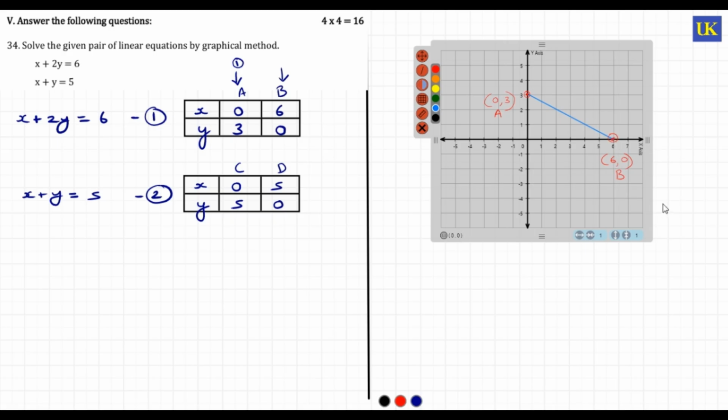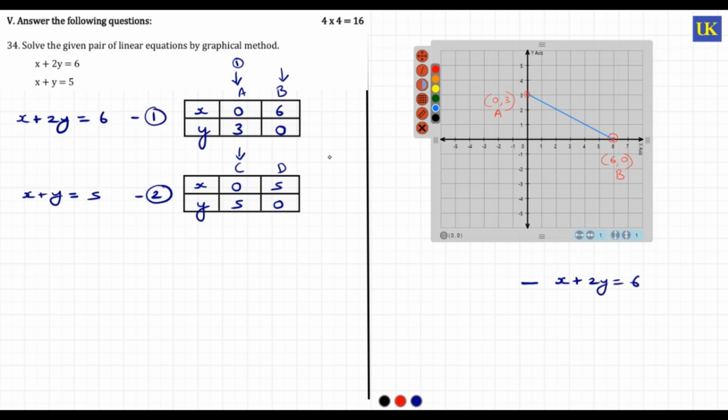Fine. Now we will plot this C point. Equation 1 line is this. Okay, we can also actually write the equation here. So the blue line is equation x plus 2y is equal to 6.